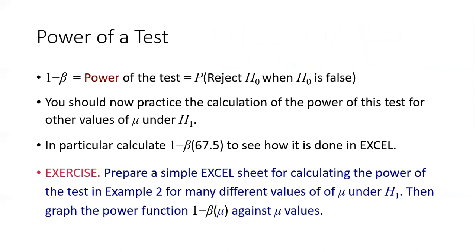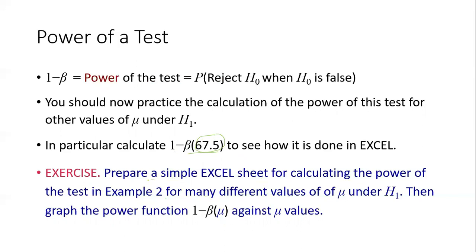So for the previous example, what you can do is you can just calculate the beta for different mu values, okay, and just plot 1 minus beta to see the power at different values of mu, okay. You can just prepare a sheet, an Excel sheet, okay. So this is not an assignment, but this is a good exercise to do at home.